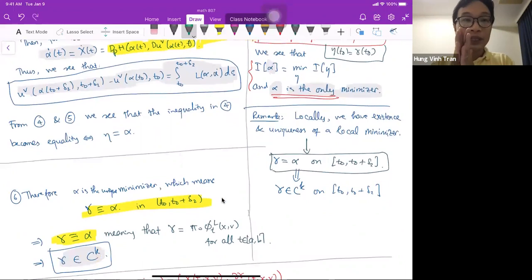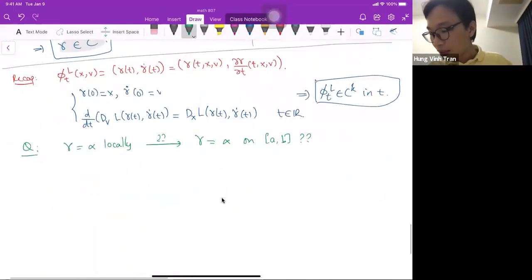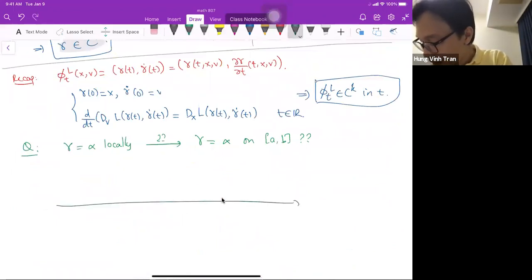You can go back and forth, and that's exactly one way to prove it.